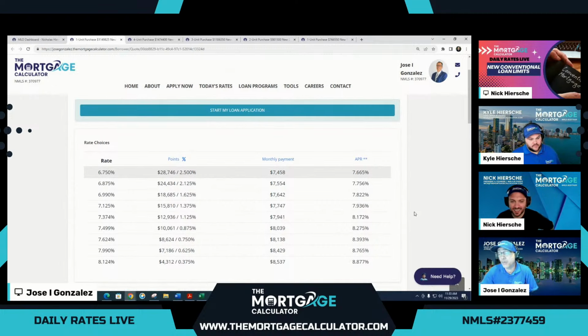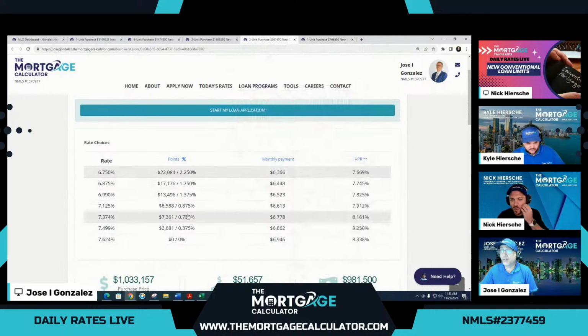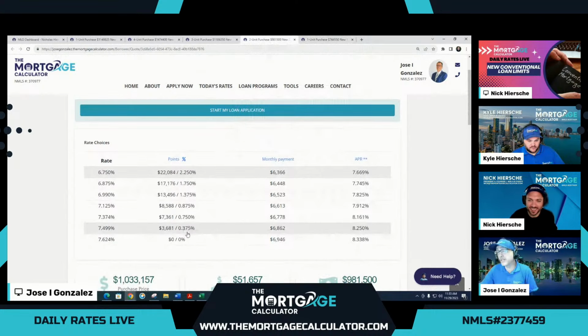They're not going to be labeled high balance, because when it is high balance, there is an additional loan level price adjustment. Because if you want to compare here, for example, you're looking at 8.124 costing 0.375 on a 1 unit, right? And if we come over here, you're looking at 7.125 costing you approximately a quarter. Let's see if this one's any different. And so here we would have 7.499 costing the same 0.375.